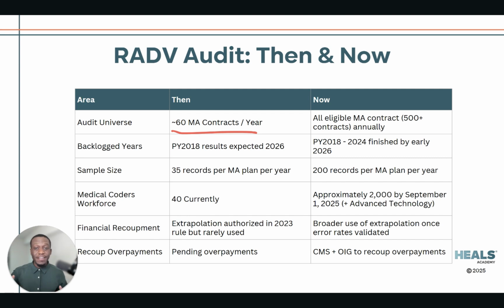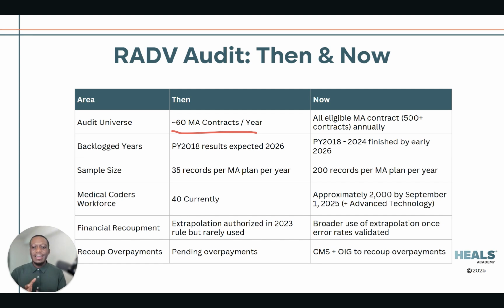This is more than 5 times. And guess what? The more samples that are reviewed, the more likely you will find something. CMS is also increasing their medical coding workforce from 40 currently to approximately 2,000 by September 1st, 2025, plus advanced technology. So CMS is not playing.